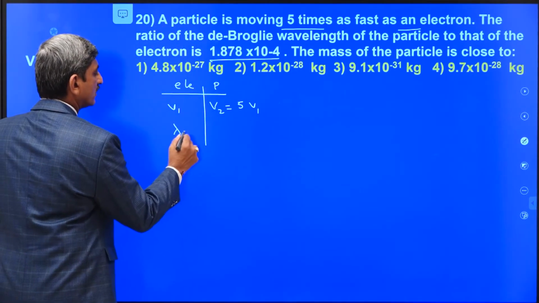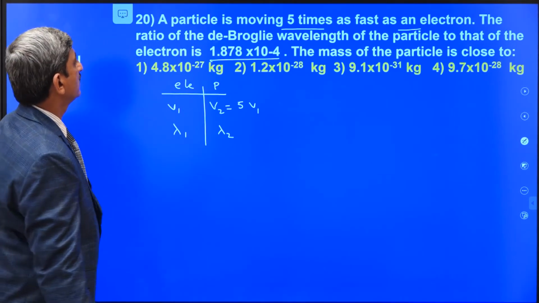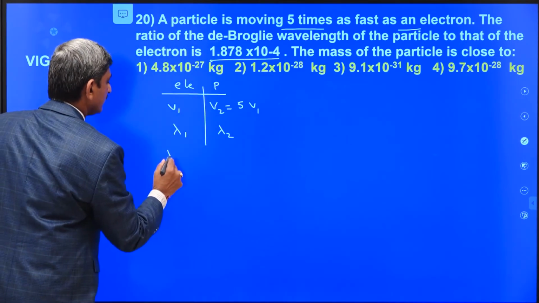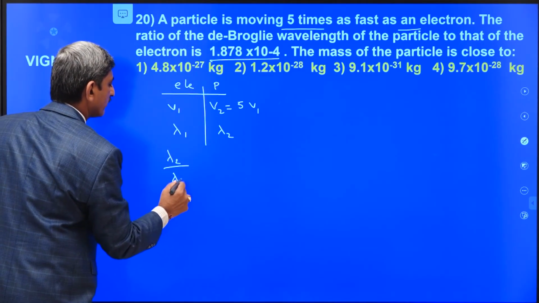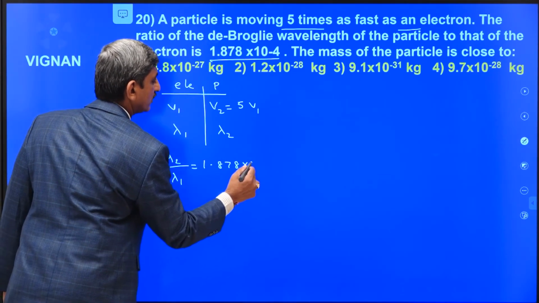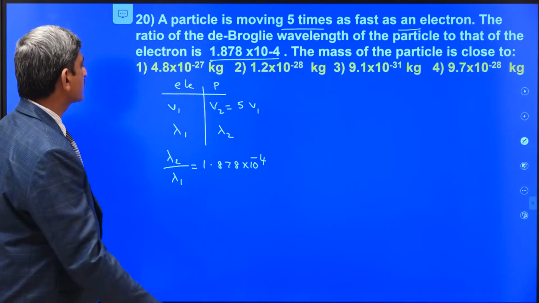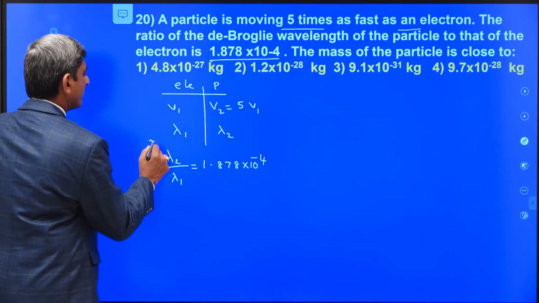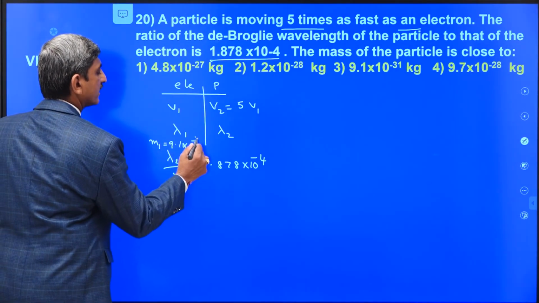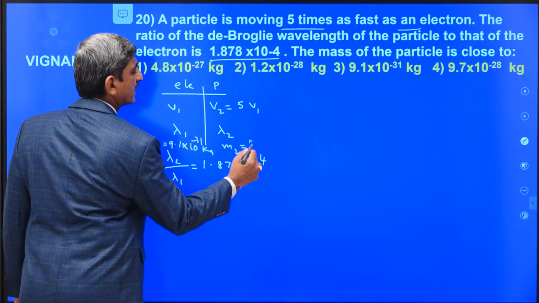If the de Broglie wavelengths are lambda 1 and lambda 2, then the ratio of the de Broglie wavelengths of the particle to the electron is given by 1.878 into 10 to the power of minus 4. The mass of the particle is close to dash. We know that the mass of the electron is 9.1 into 10 to the power of minus 31 kg, and we have to determine the mass of the second particle.